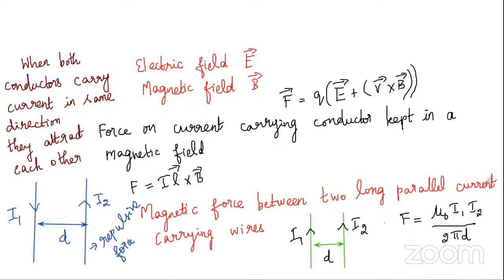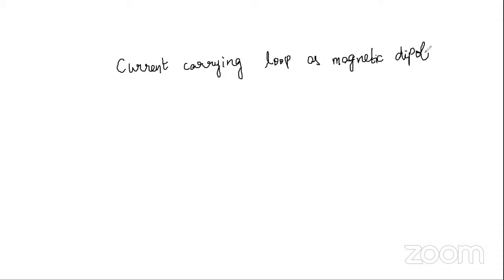When you have a loop carrying current, that current carrying loop actually acts like a magnetic dipole having magnetic moment M equal to I into A, where I is the current flowing through the loop and A is the area of the loop.